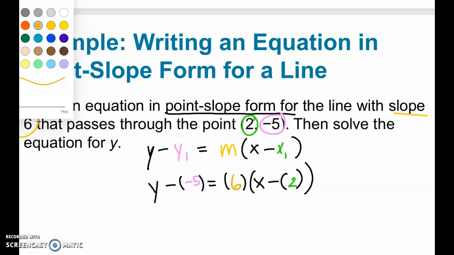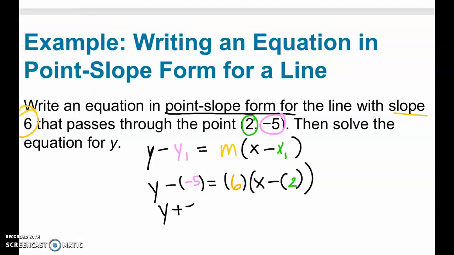And now it's just a matter of simplifying. So y minus -5, well, that's going to be y plus 5. And then I have 6 times x minus 2. And I would distribute that 6 to get 6x minus 12.